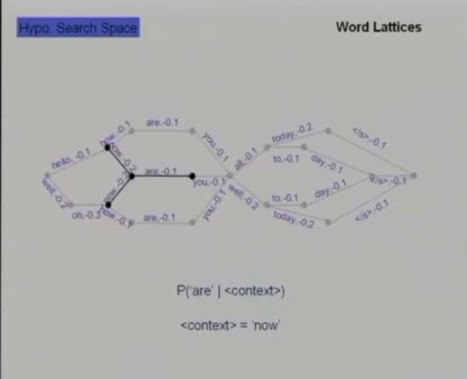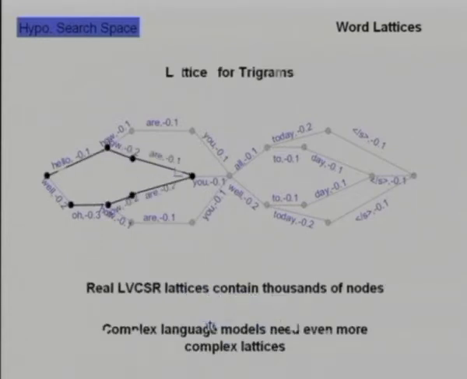Another thing that I want to stress here is that this is a lattice from the point of view of a bigram language model, meaning where the n is equal to 2. It turns out that the lattices from the point of view of a trigram language model, which is more useful, would look like this.